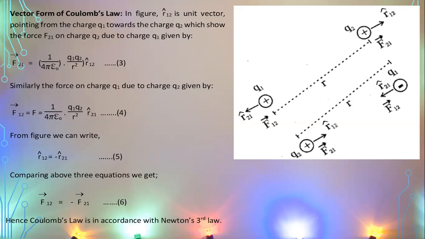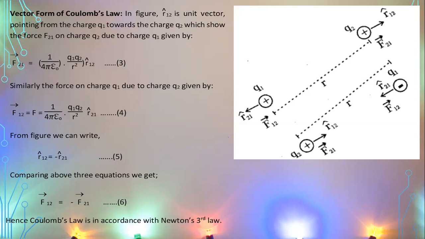Similarly, when charge Q2 is applying force on charge Q1, that force is calculated using the formula mentioned in equation number 4. F12 means charge Q2 is applying force on charge 1, and it is equal to 1 over 4 pi epsilon naught, Q1 Q2 divided by R square.